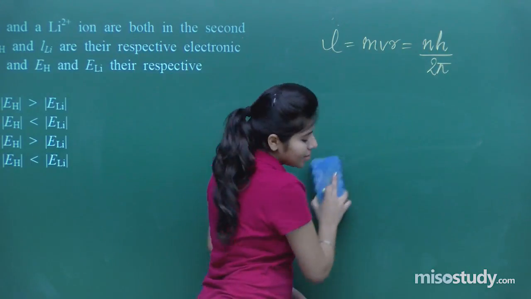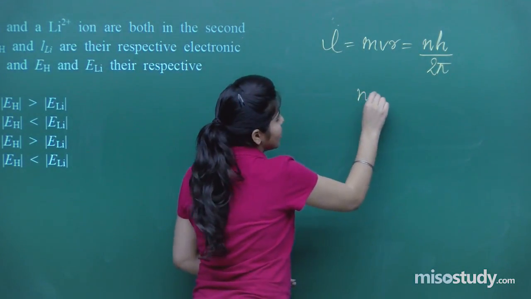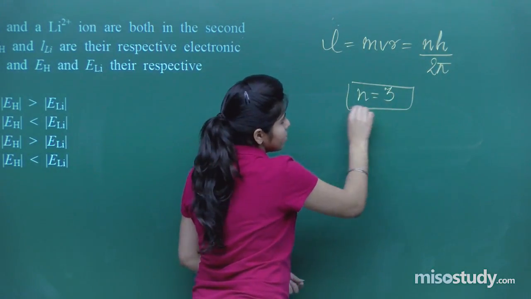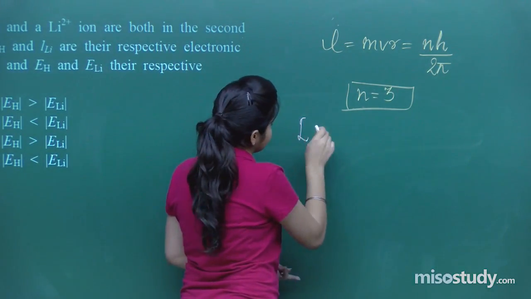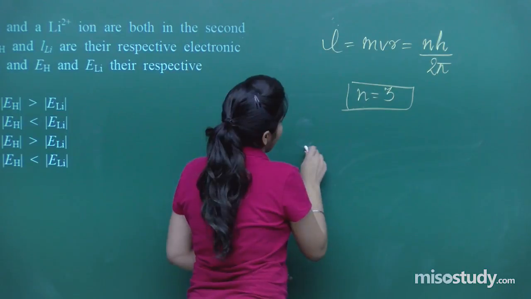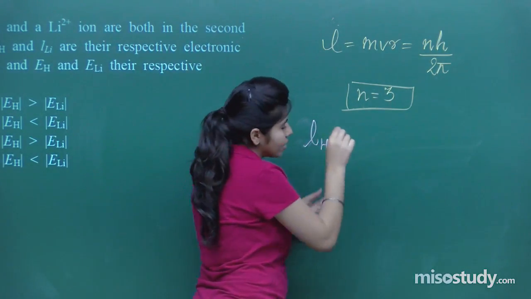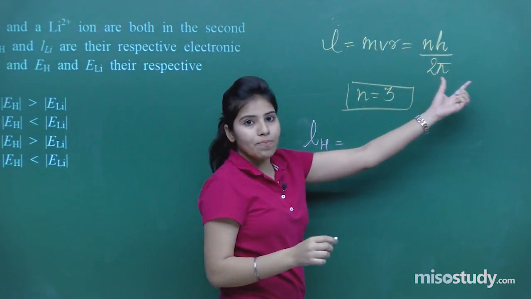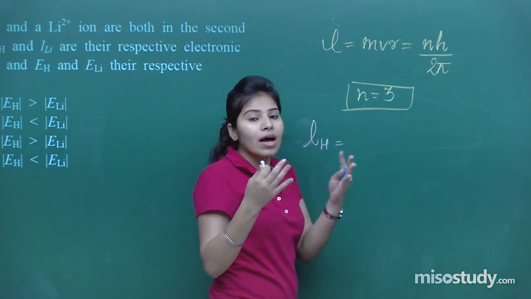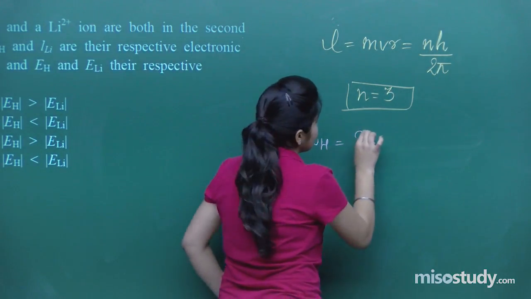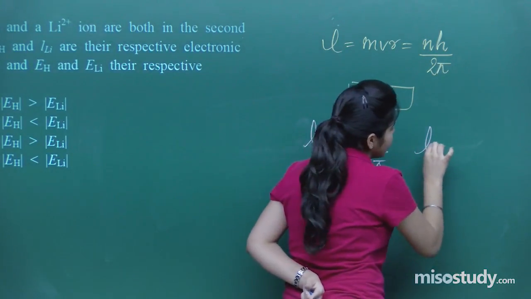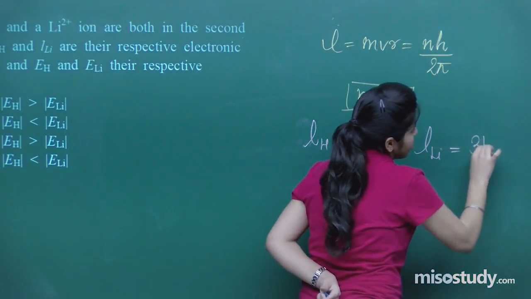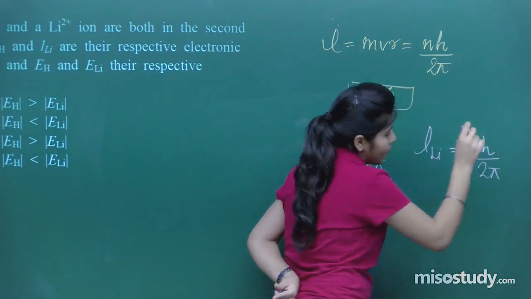We just need that n has come out to be 3. So if I talk about the hydrogen atom, the angular momentum for hydrogen atom will be nh upon 2 pi, because they both are in the same excited state. So that will be 3h upon 2 pi. Again for lithium that will be 3h upon 2 pi.